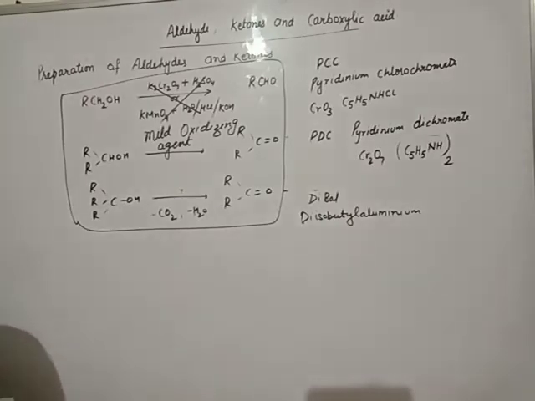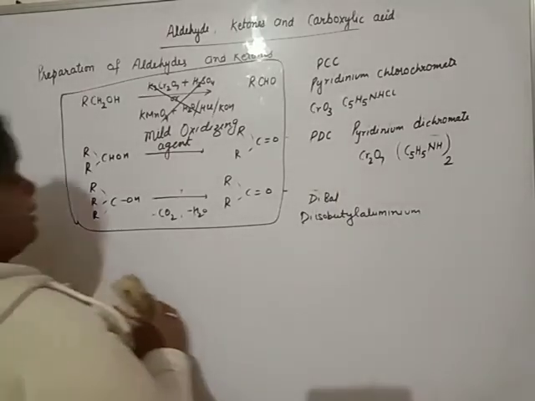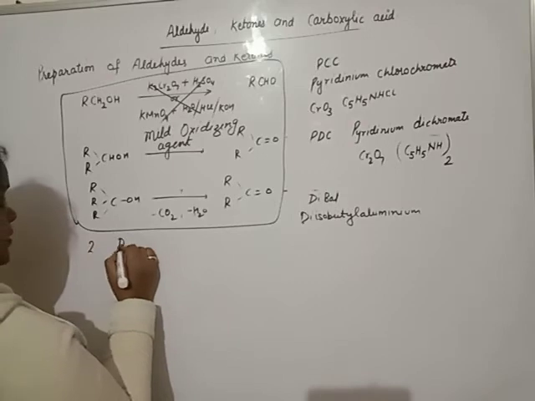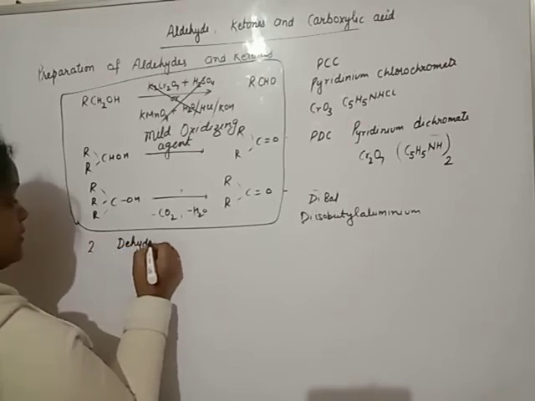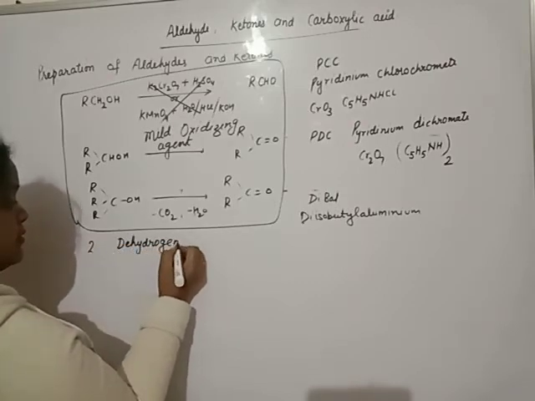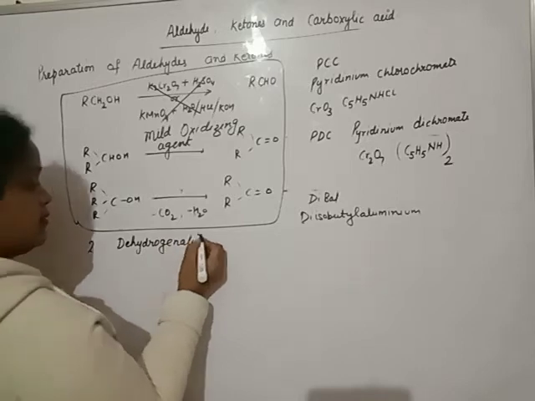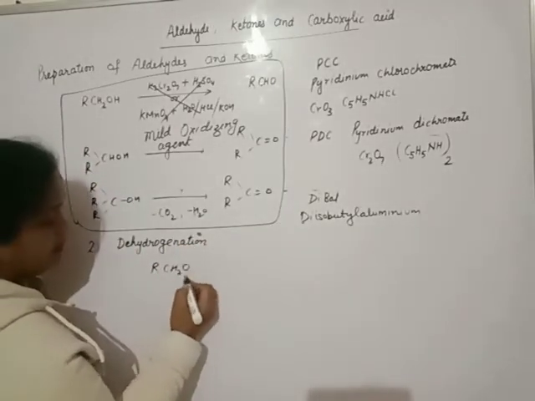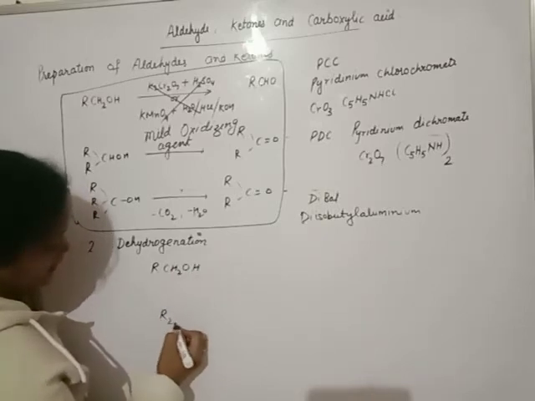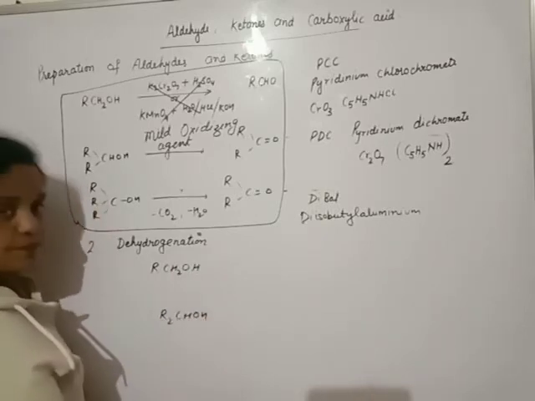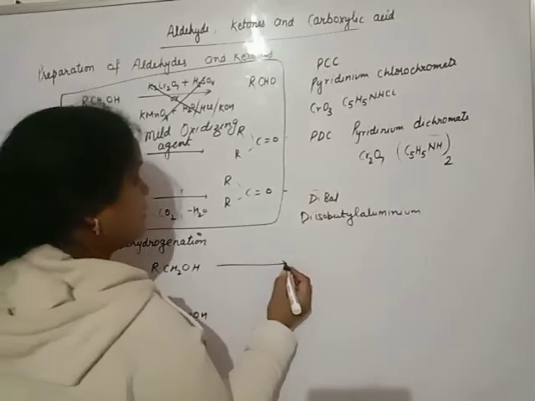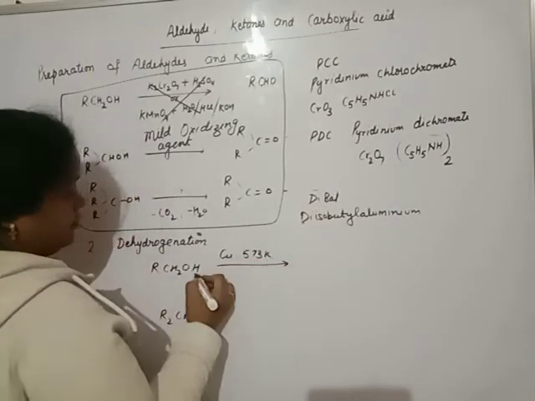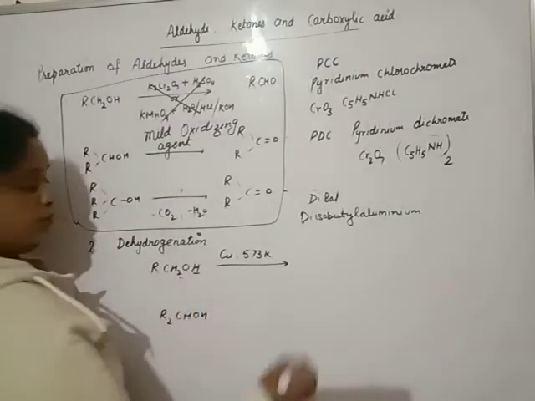Beta, you must know another reaction also, that is dehydrogenation. Primary alcohol and secondary alcohol give this test. Primary alcohol with copper at 573 Kelvin loses two hydrogens and gives aldehyde.